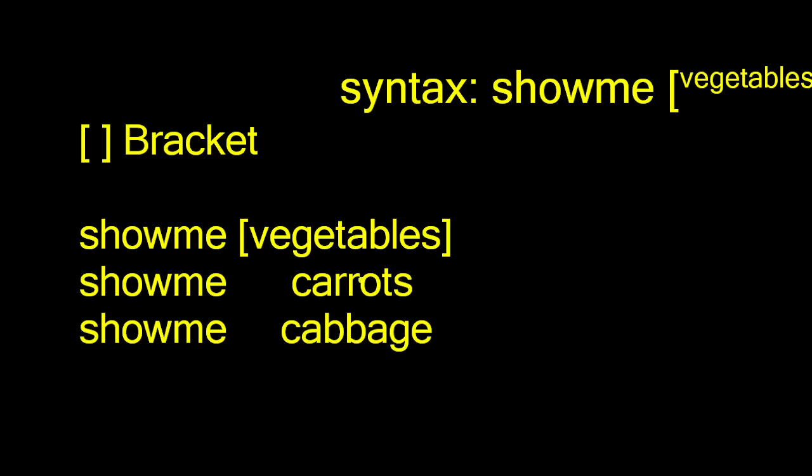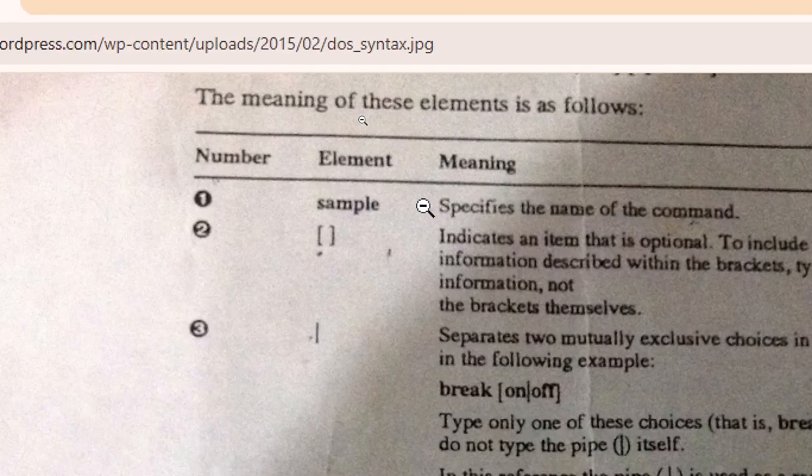Okay. Again. From here, my class, listen carefully. You must first learn reading syntax, the bracket. What is inside the bracket? The command is show me, and I'm writing my program.